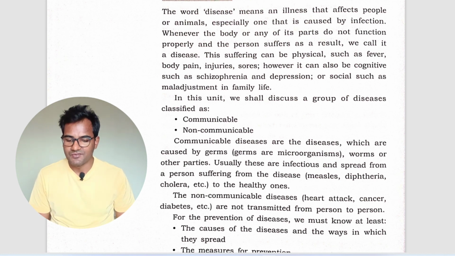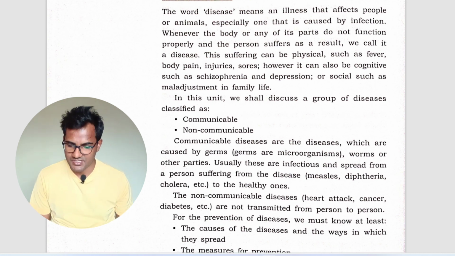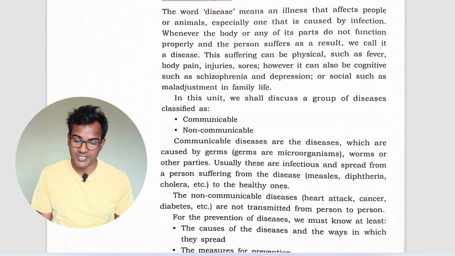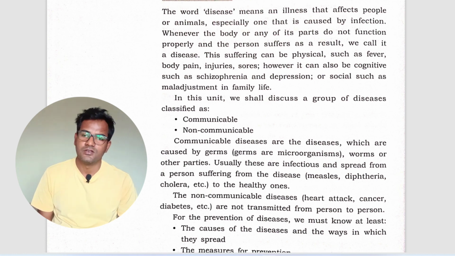So this suffering can be physical, such as fever, body pain. See, they have mentioned the names of the diseases. These sufferings can be physical, like body pain, fevers, injuries, sores. However, it can also be cognitive, as in schizophrenia and depression, or social, such as maladjustment in family life.